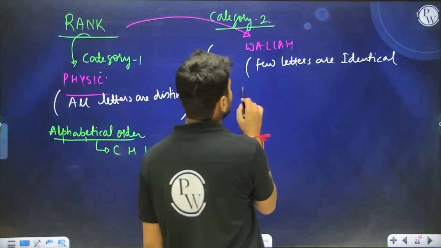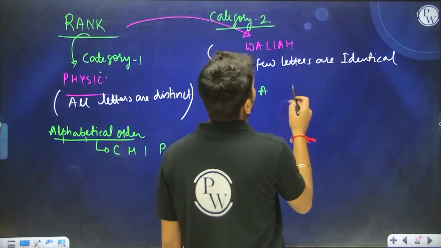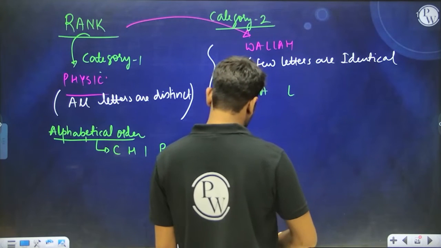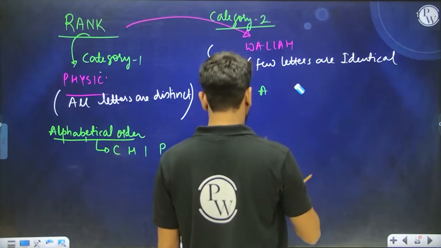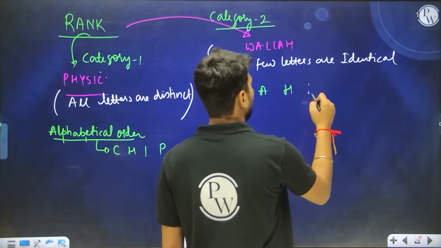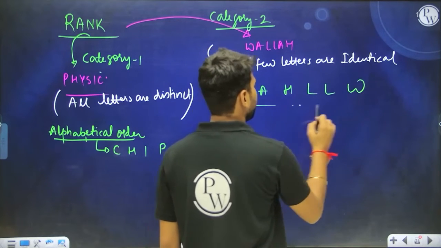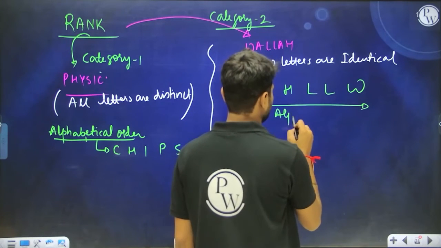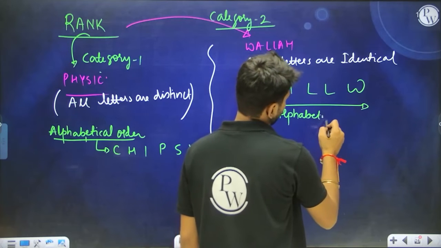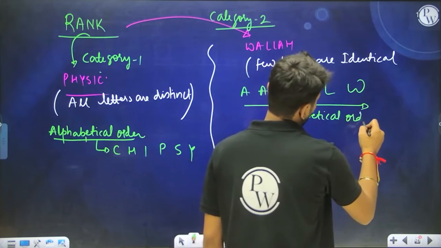And over here, for Wallah, the alphabetical order will be A, H, L, L, L, W.